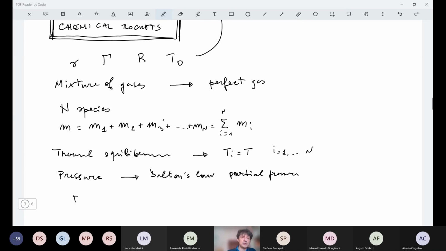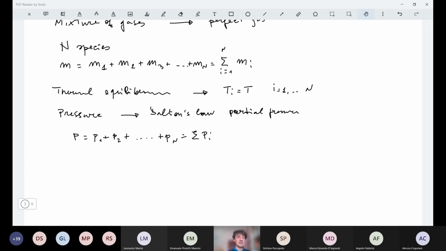Let's say that the pressure of the mixture is the sum of the pressure that each species would have if it were the only species present in the same volume. So this is the definition of partial pressure, and then the overall pressure, to avoid confusion, will be the sum of the pressure of each species.